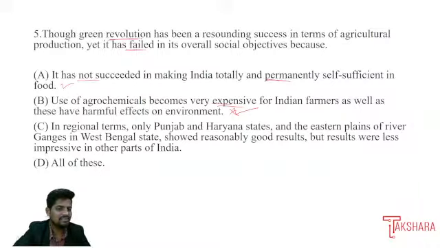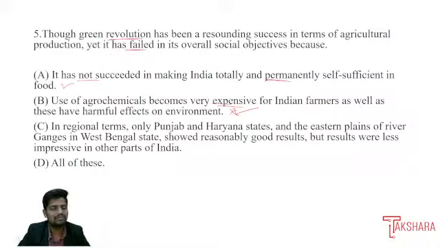And if you take C, regionally, only Punjab and Haryana, the eastern plains of the river Ganga and West Bengal showed reasonably good results, but results were less impressive in other parts of India, because the availability of water is sufficient there and it can show good results. But in other states of India, there is scarcity of water, the expensive nature of agro-based techniques, and a wide variety of agriculture field techniques are not known.